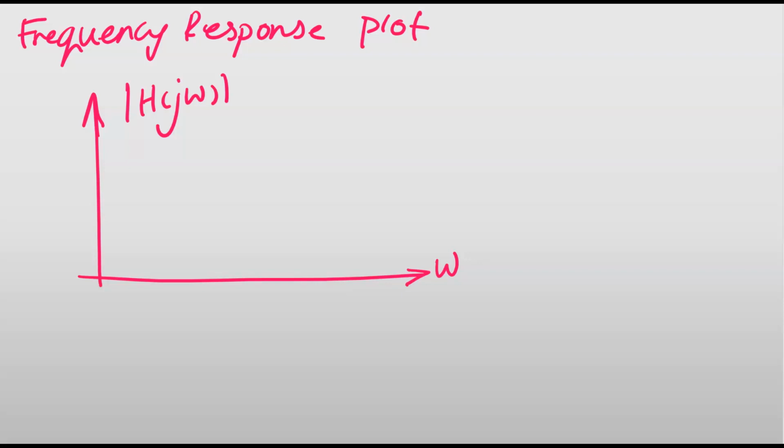In this lecture, I'm going to focus on ideal filters, and then we're going to talk about circuits that are very close to being estimated as one of these ideal filters. The first filter is the low pass filter.